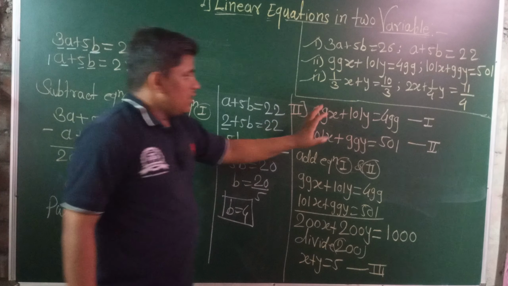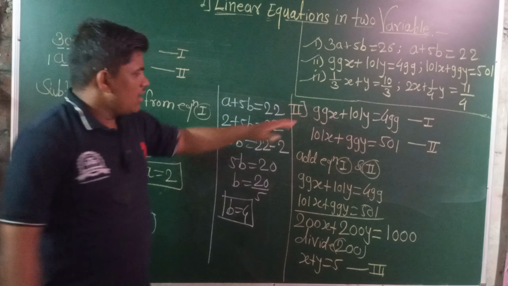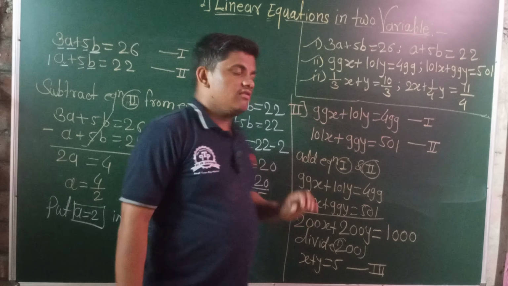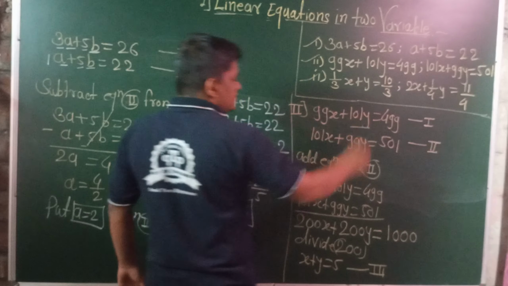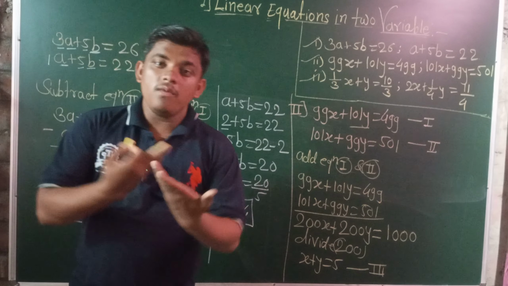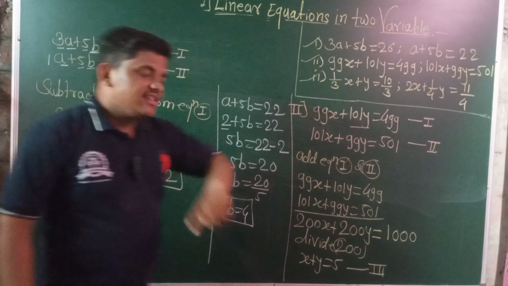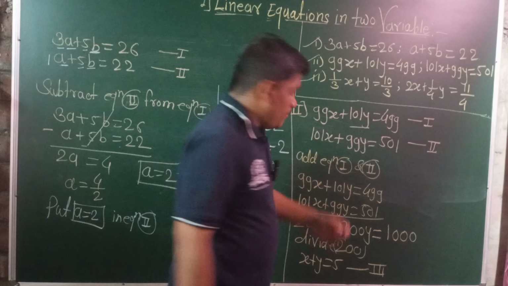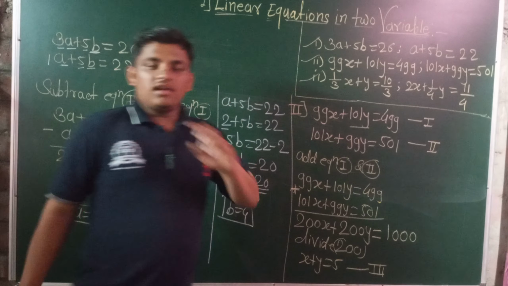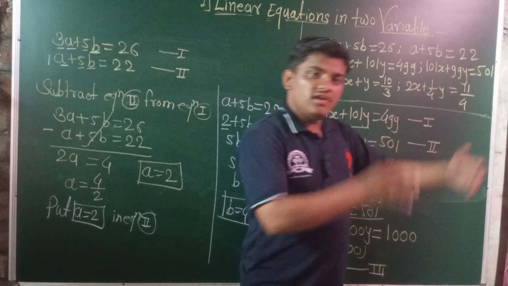When the coefficient of x in the first equation is equal to the coefficient of y in the second equation, and the coefficient of y in the first is equal to the coefficient of x in the second, that means the coefficients are swapped. Then we add both equations one time and subtract them one time, and we get two different equations.